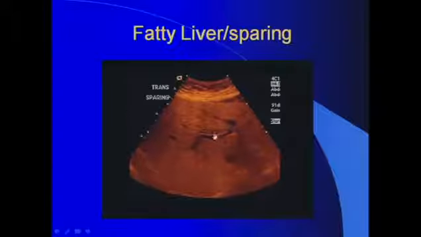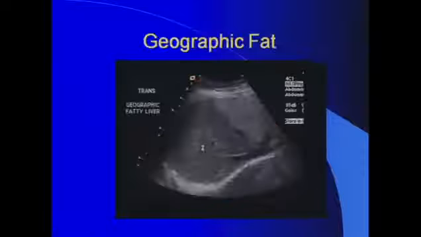This is the same patient with more depth to appreciate this hypoechoic area here anterior to the portal vein as previously described on the prior slide, and you can confidently call this a fatty sparing area.